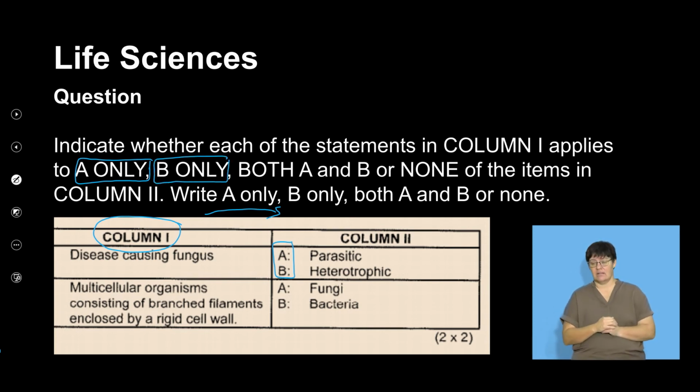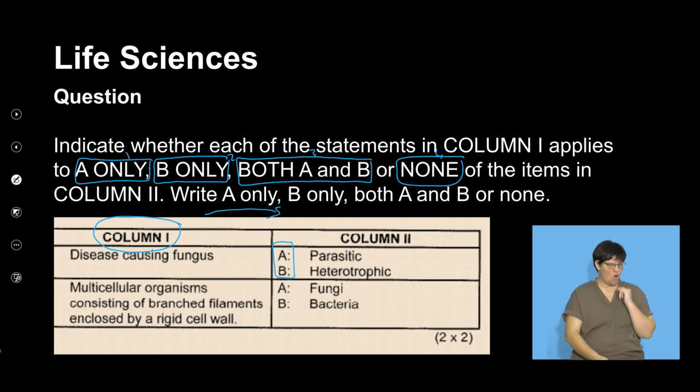If both A and B are correct, they both are the correct answer to the statement, you write both A and B. Or your fourth option, okay, so you've got 1, 2, 3, fourth option, neither A nor B is correct, then you write none.